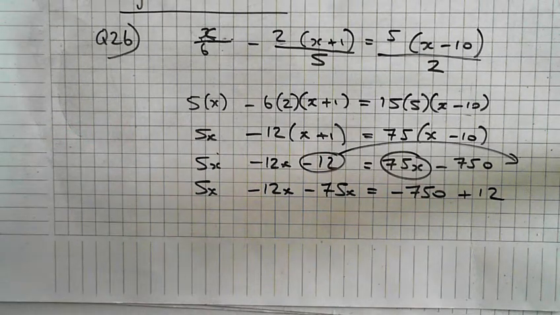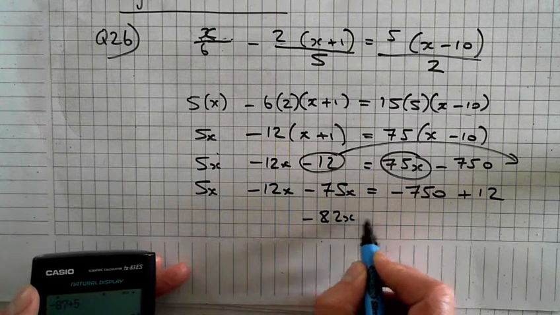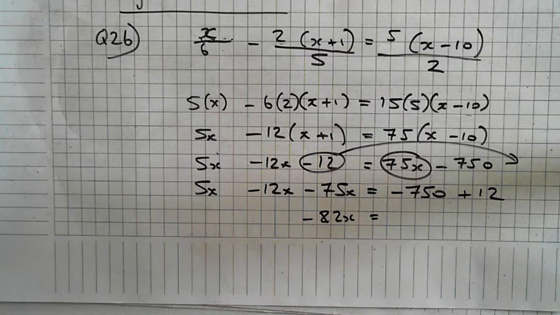Add up what you have there. Minus 75 and minus 12 is minus 87. Plus 5. Minus 82. And minus 750 plus 12.